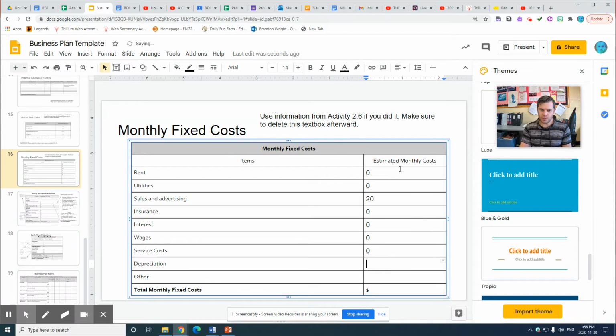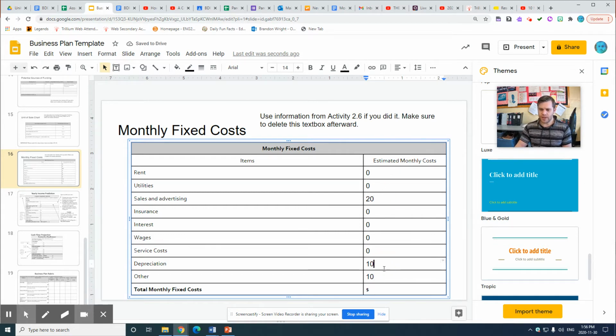Service costs, no. Depreciation, that's money you set aside to replace equipment that will eventually break down, like a shovel. And I'll say $10. And other, I just justify it as additional money I may have to spend, say another $10.